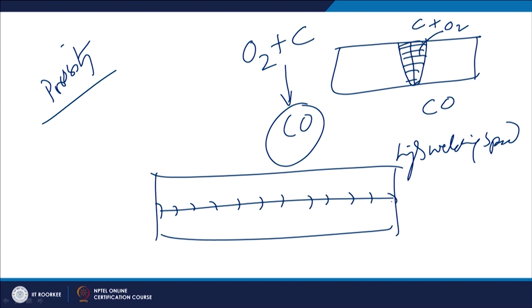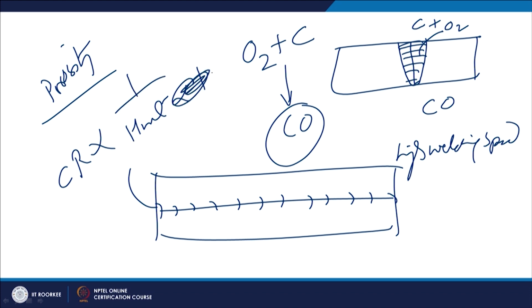So, the net heat input is reduced, a reduction in H net, due to the increase of welding speed. The cooling rate is increased because the cooling rate is inversely proportional to the H net.